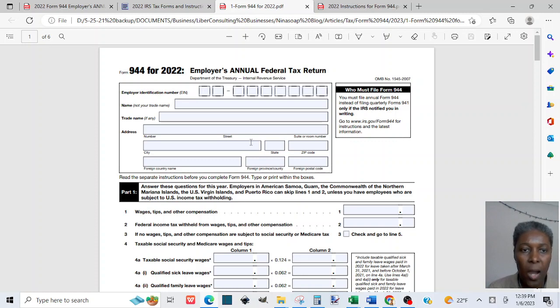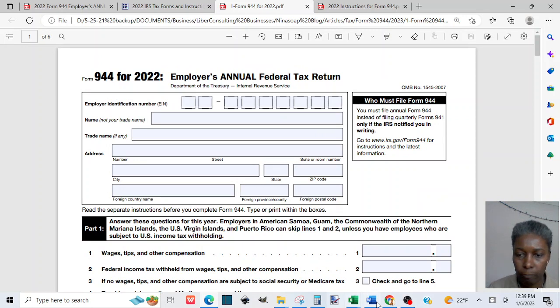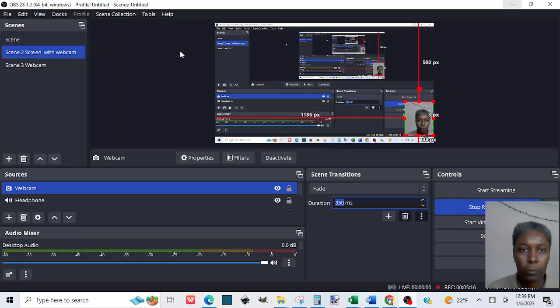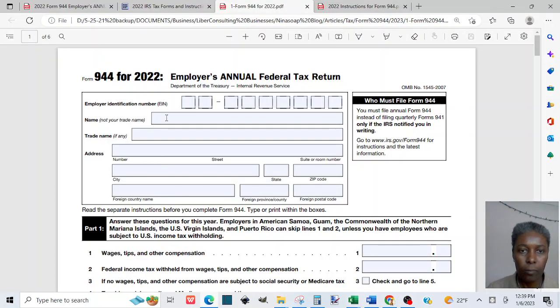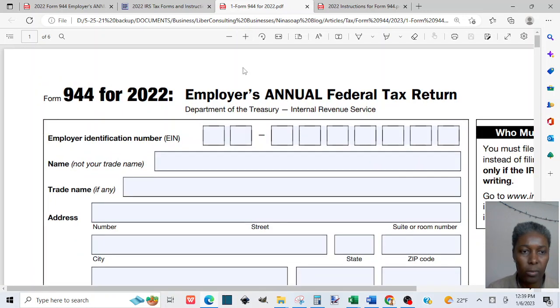So, the first part is employer identification number. So, you put your business identification number on top and you put your business name.